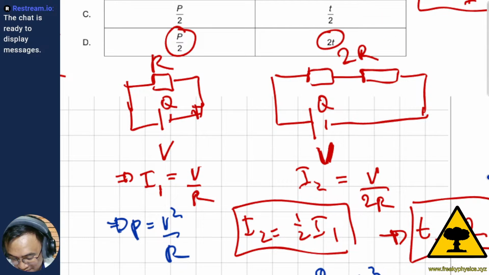So comparing these two, P1 and P2, P1 is equal to twice P2. Or rewriting that, P2 will be equal to P1 over 2. And that's our answer for D. So the final answer will be D.